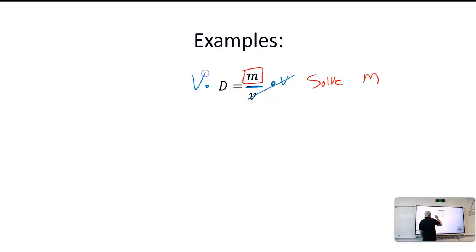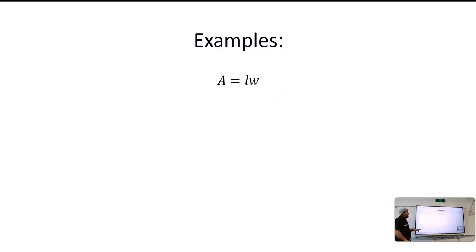Then I also have to multiply over here. And m is now by itself, so I'm going to say m equals d times v. Now, order doesn't matter with multiplication, so if you want to write it as m equals v times d, you could also do that as well. So there is how I would solve for m in this case.